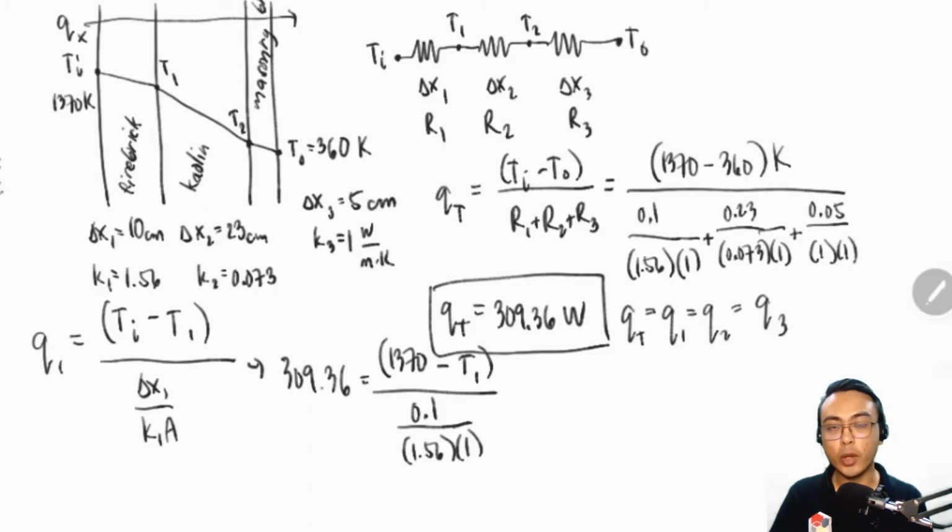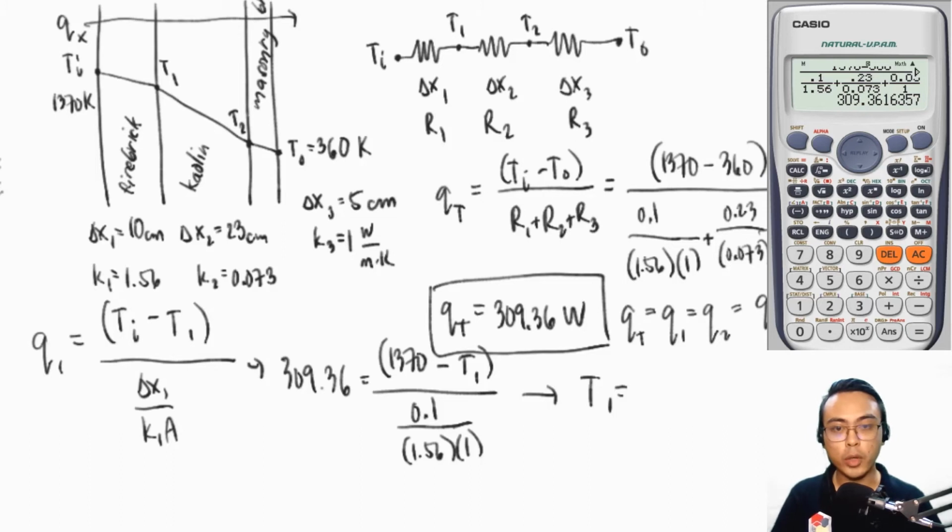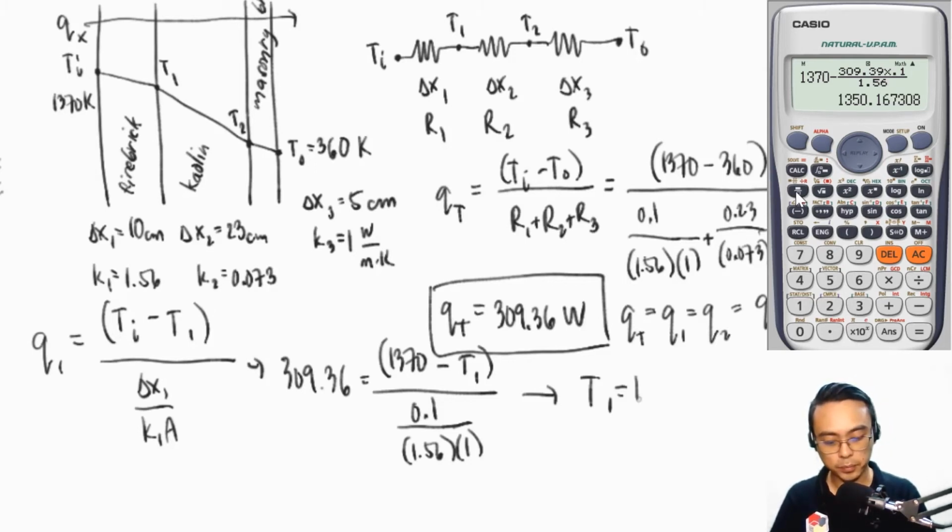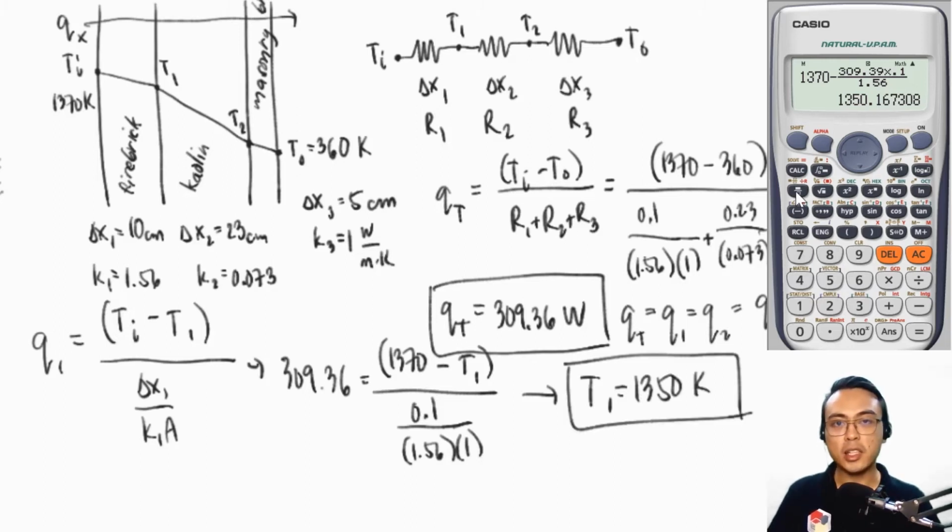As you can see here, we can now solve for T1. Solving for T1, we have 1370 minus 309.36 times 0.1 divided by 1.56. I have rearranged this equation mentally. So T1 is 1350 Kelvin.